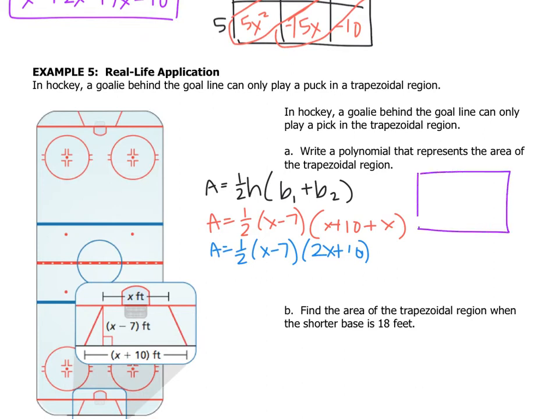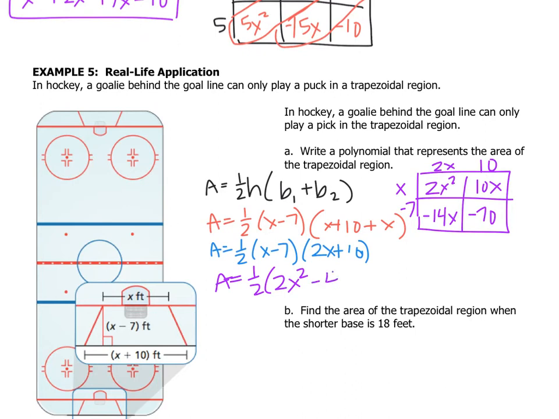Some people like distributive. x minus 7, 2x plus 10. 2x squared, 10x, negative 14x, negative 70. So that gives me 1/2 times 2x squared minus 4x minus 70.